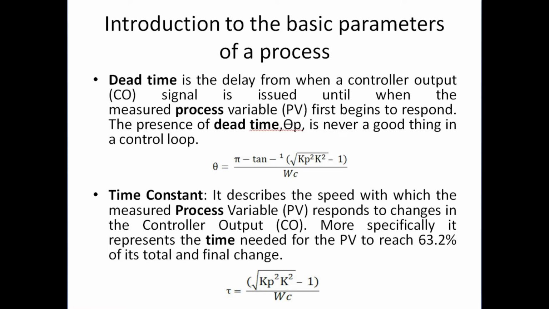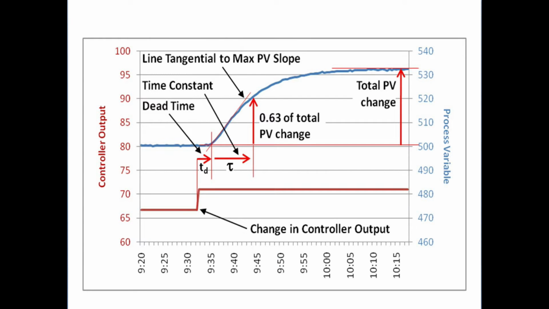This is the formula for tau. So from this diagram here we can see that the time constant is this one. It starts responding and the final value is this one.